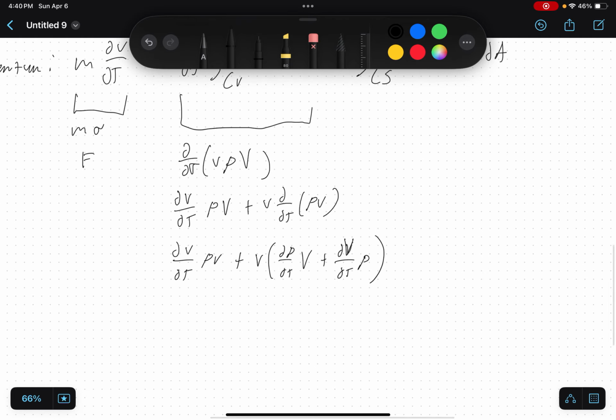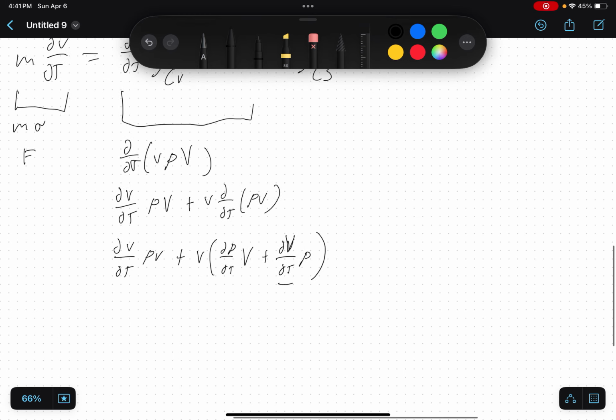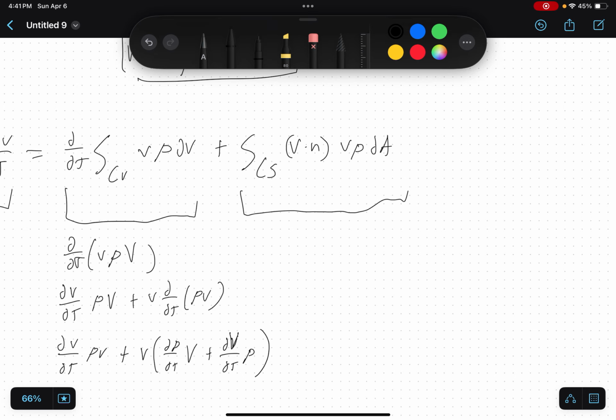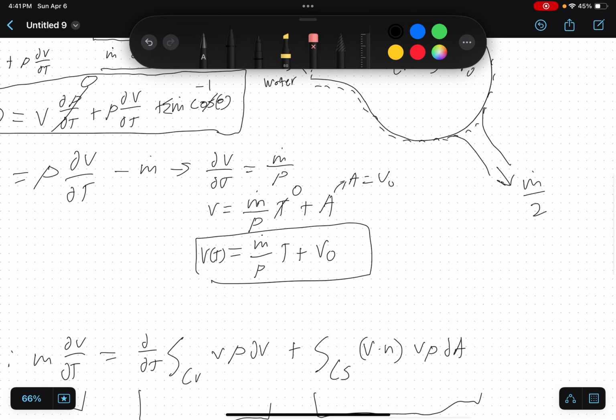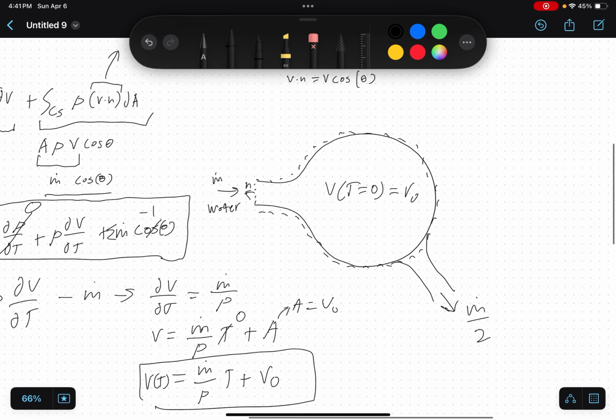That's kind of messy. This is the change in velocity with respect to time. This is the change in density with respect to time. This is the change in volume with respect to time. So it's a little messy, but that's what those terms mean. And for the example I'm going to show later, you can cancel them all out anyway. But if you don't cancel all of them out, it'll be the same process as up here, like with a balloon.